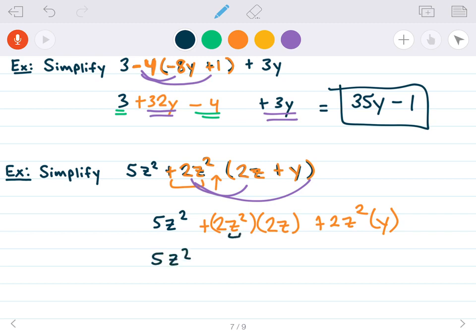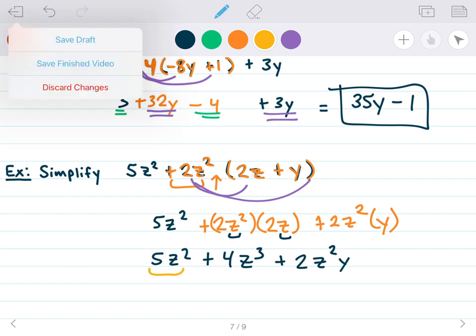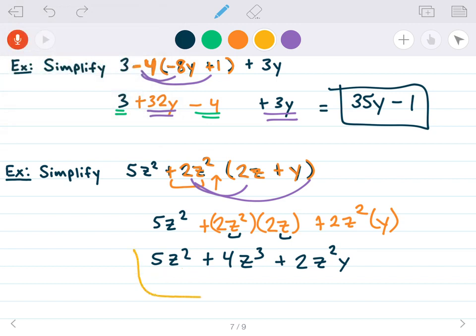Well, z squared and z make z to the 3, and 2 times 2 make 4, so this is positive 4z to the 3. And then 2z squared y, you can't do anything there. And that's all we can do. We can't combine anything else. We could if this guy had a y attached to it, but it doesn't, so we're done. So this is our answer.